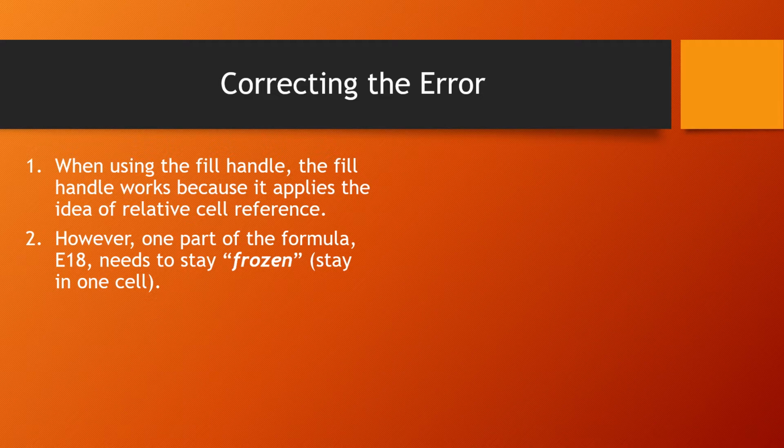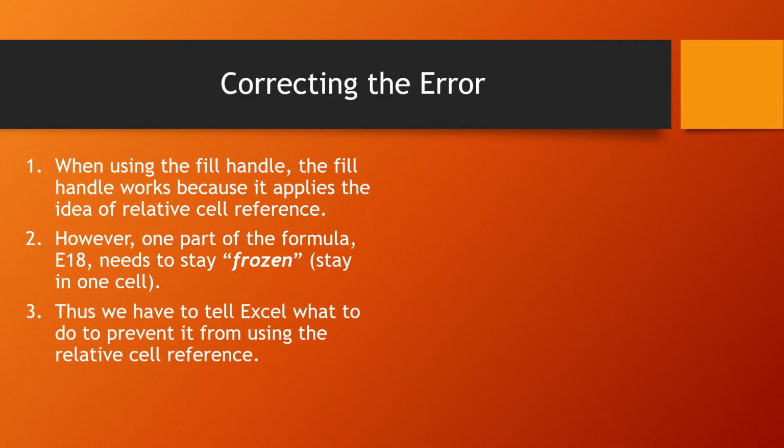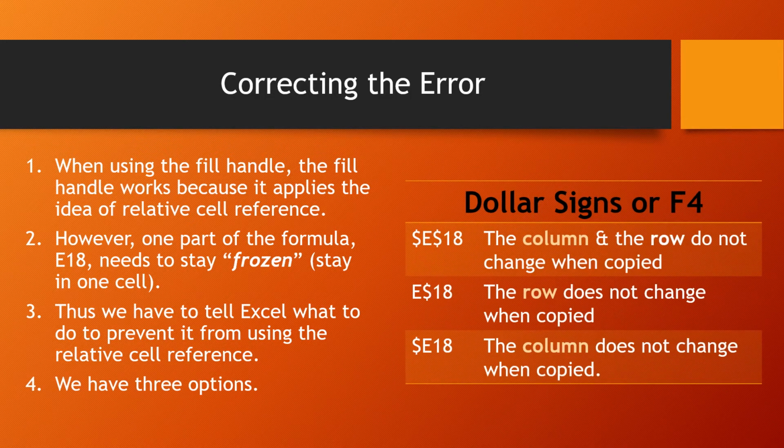In other words, remain in that one cell as Excel does its calculation. Thus, we have to tell Excel what to do to prevent it from using the relative cell reference. We have three options. We are going to be doing the first option, which is adding dollar signs or hitting the F4 key.